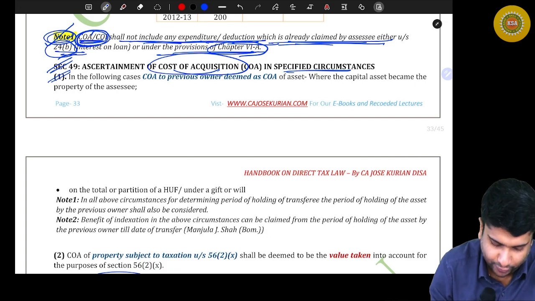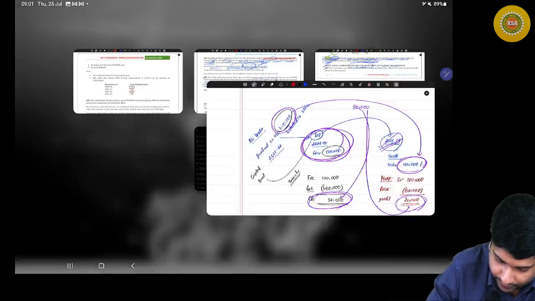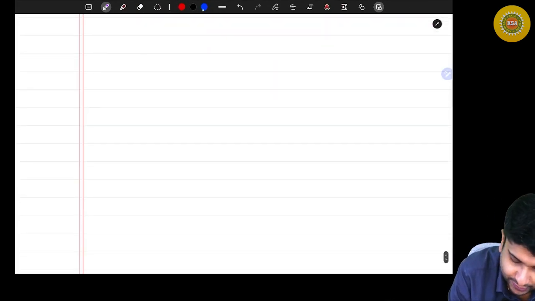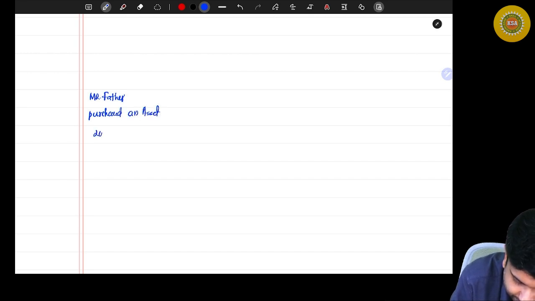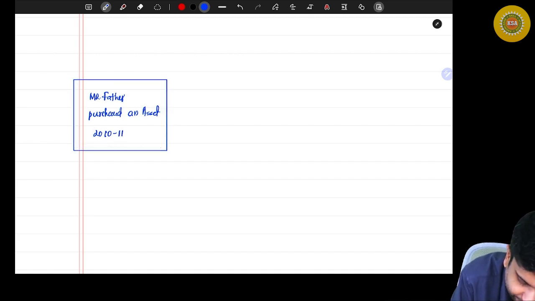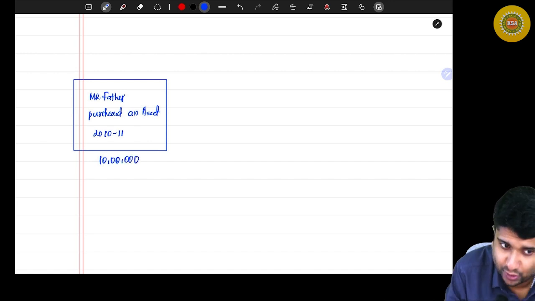Say for example, Mr. Father purchased an asset in say 2010-2011 for 10 lakhs.